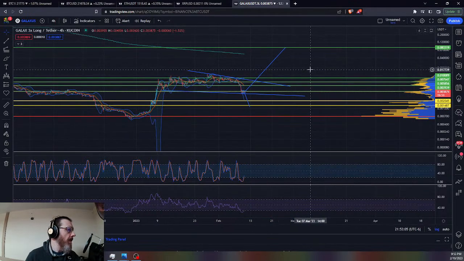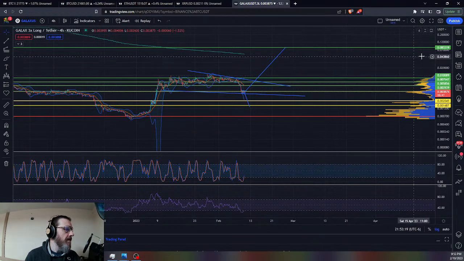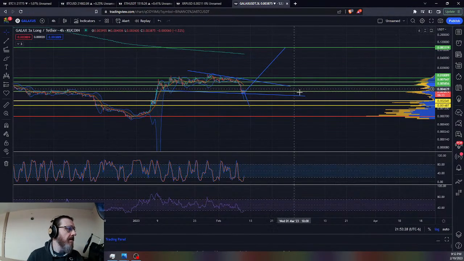So I'm going to lean my bias towards we bounce here for Gala on this 3x long token. So I'm 68.32 biased long off the bottom of this pattern.